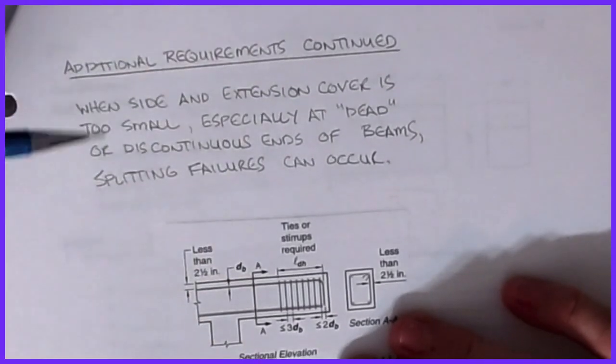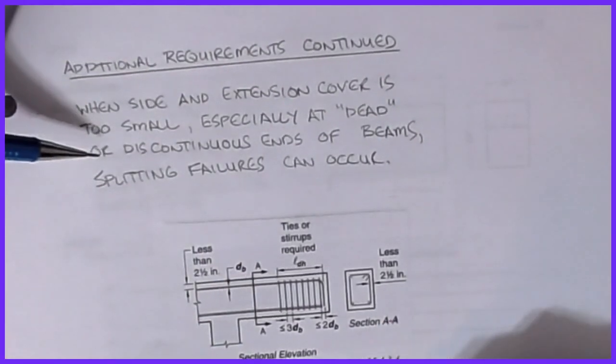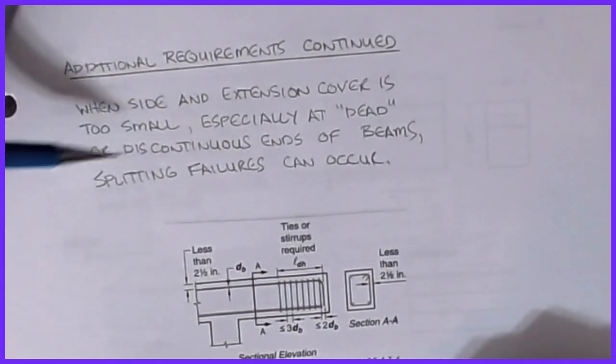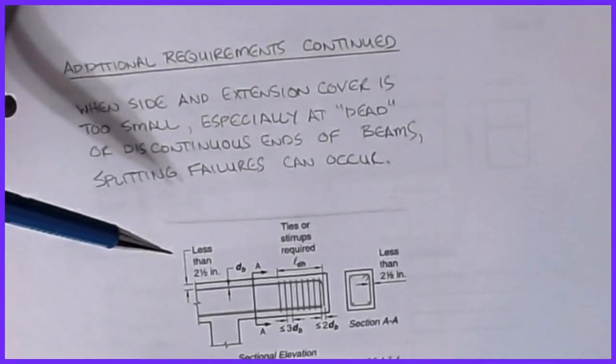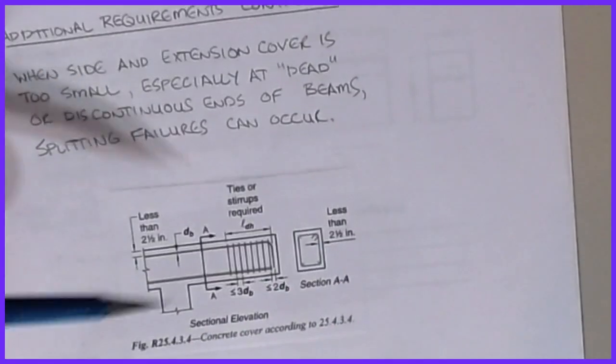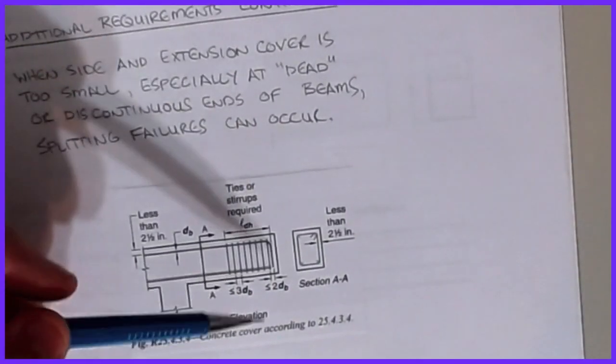Okay. Additional requirements. This has to do with some of the bending radius. When the side and extension cover is too small, especially at discontinuous ends of beams, splitting failures can occur. And so there are some provisions for concrete cover that's required.